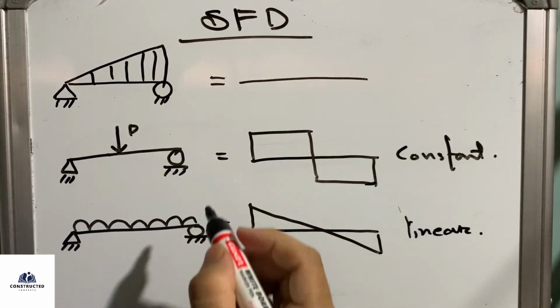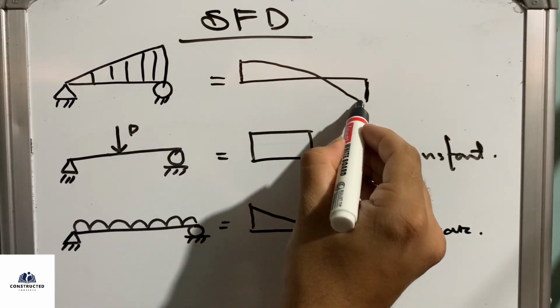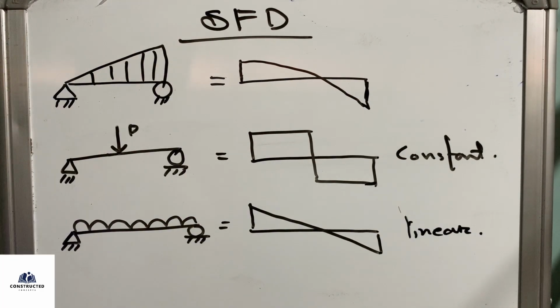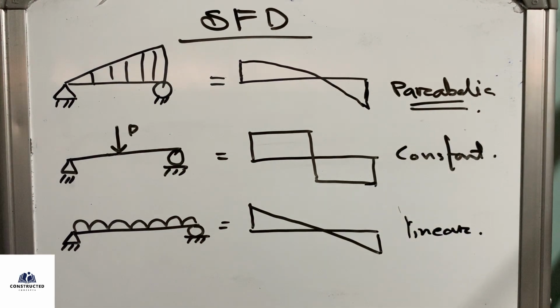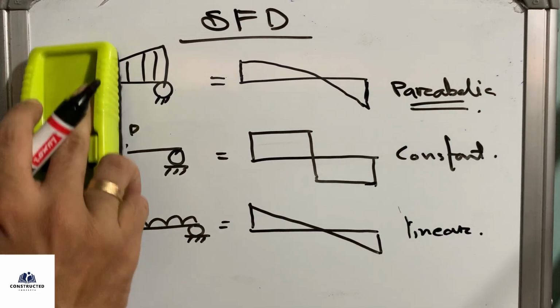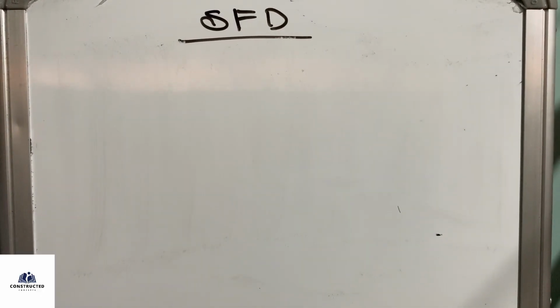This time the drawing will be parabolic. As I said before, whether it is plus or minus, it will be known after calculation. Above the line it is plus, below the line it is minus. We will come to it when we do any numerical. This sign convention I am also going to do at the last of this video. Initially I am going with the drawings that you have to draw after calculation.